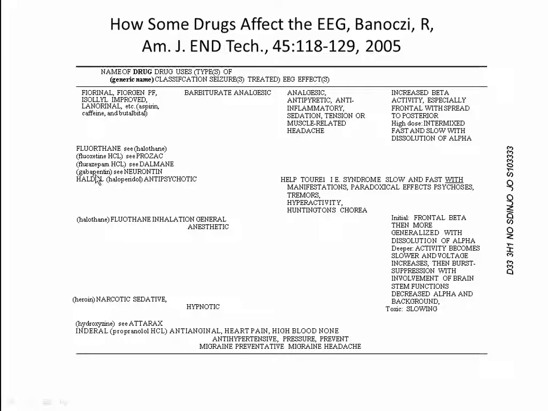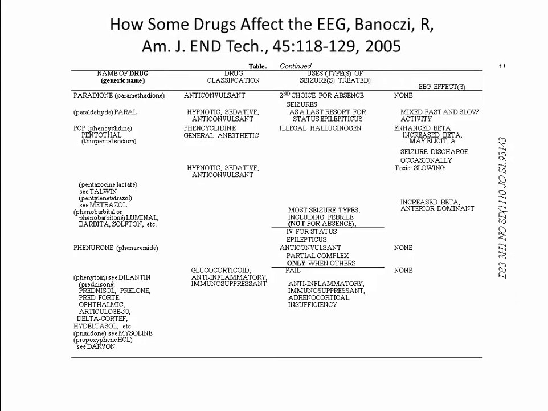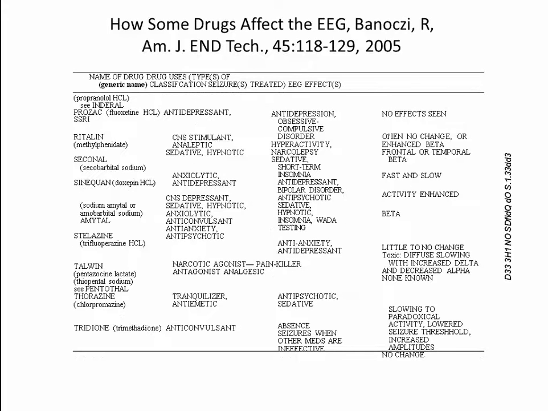We've got a bunch of meds associated with fluorothane, halothane, fluoxetine, Prozac, and so on, causing slow and fast activity, some paradoxical effects. So again, we have quite a few different classes of medications causing various combinations of effect.